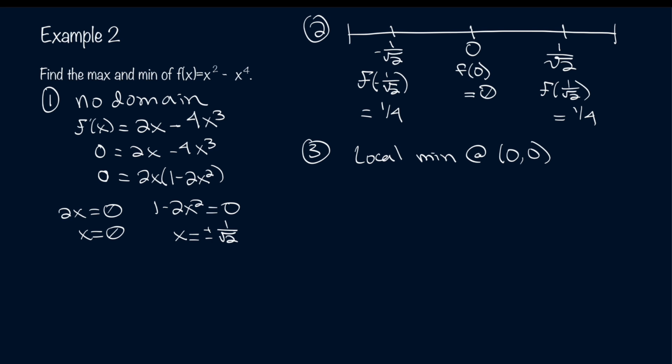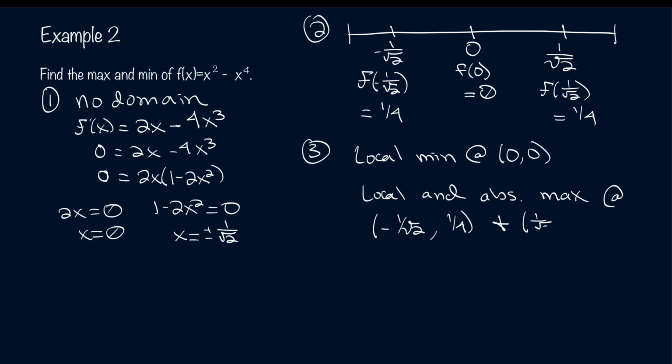And then we have a local and absolute max at negative 1 over square root 2 comma 1/4 and 1 over square root 2 comma 1/4. So as you can see, we're able to have 2 local and absolute max because we got 1/4 for each of those values.